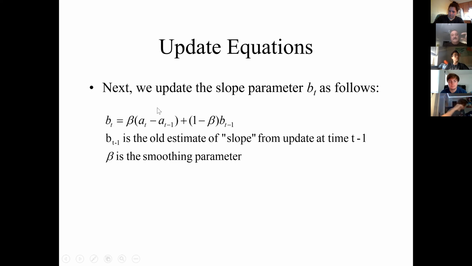It says in the last time period, the time series changed by this much, so that's going to be an estimate of the slope based on the most recent data point. And then we have our previous estimate of the slope from last time. So we update our previous estimate of the slope using basically the most recent data point. So we update our b of t using this equation. And beta is the smoothing parameter we're using here.